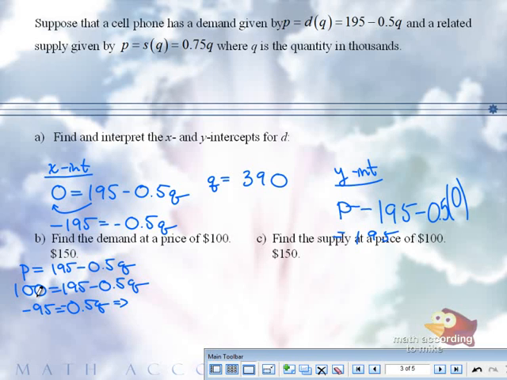How do you finish solving for Q? Divide by negative 0.5. Dividing by 1/2 essentially doubles it, and the double negatives cancel. So what is 95 divided by 0.5? 190.